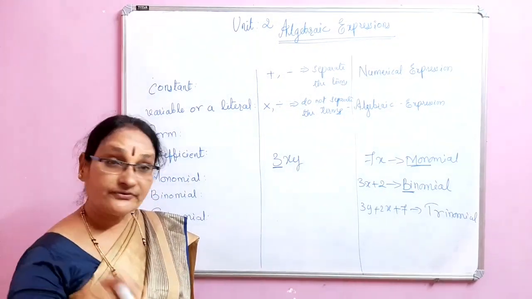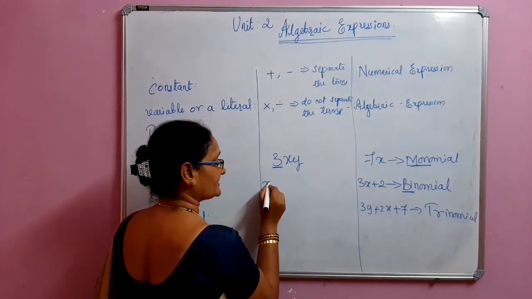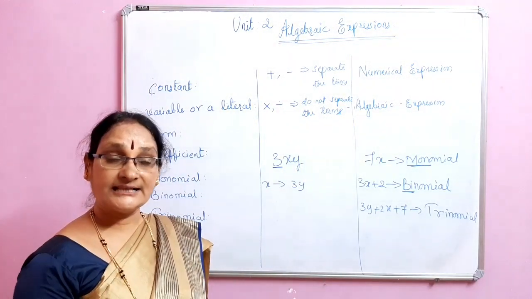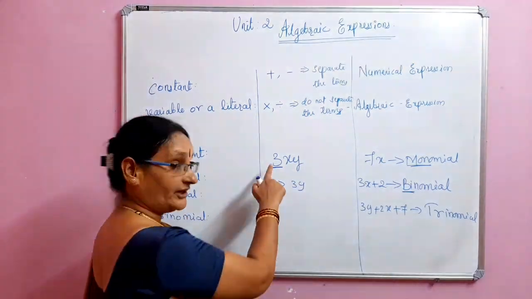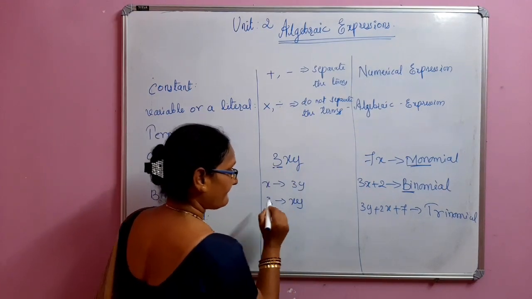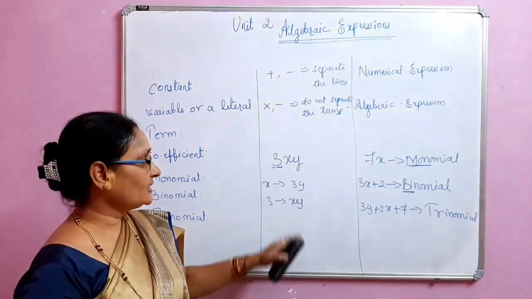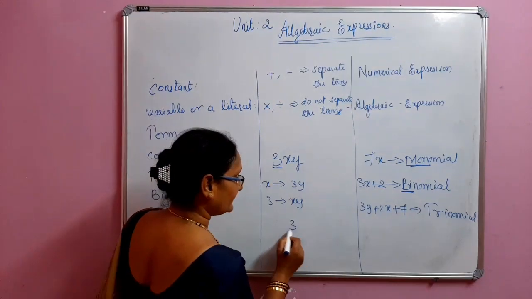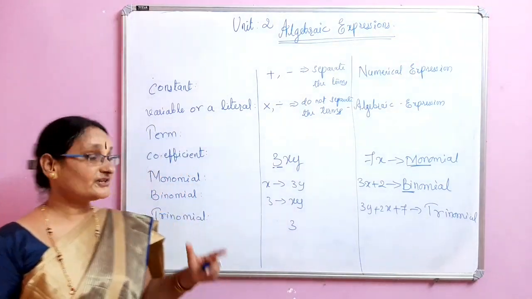What is the coefficient of x if I ask? That is 3y. Then what is the algebraic coefficient of 3 if I ask? You can write xy. What is the numerical coefficient of x? You can write 3.